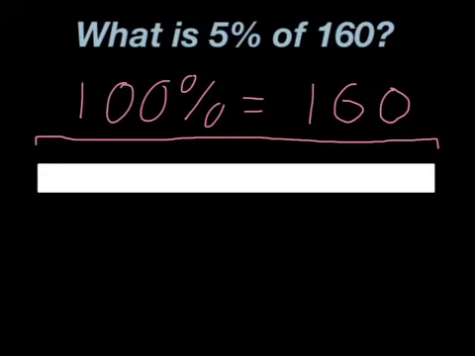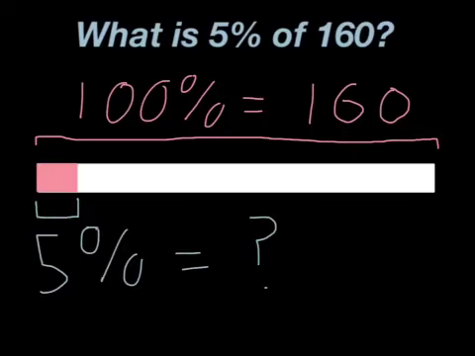This is sort of a real-life situation. So here's our model. I want to say this is 100%. This long bar right here represents 100%, which is, of course, 160. What's 100% of 160 is just 160. Now this little piece over here represents 5% of the whole.